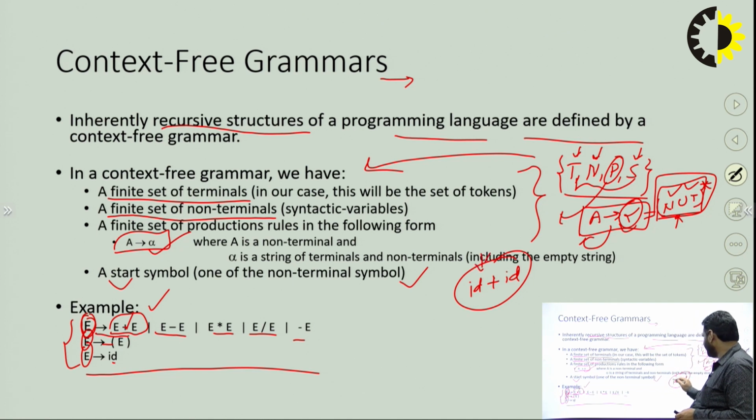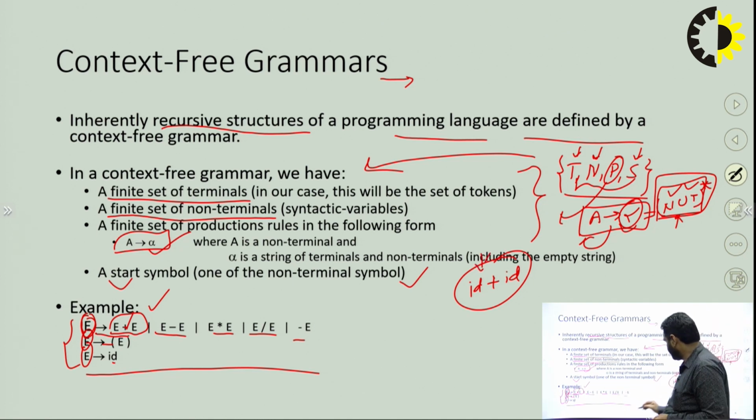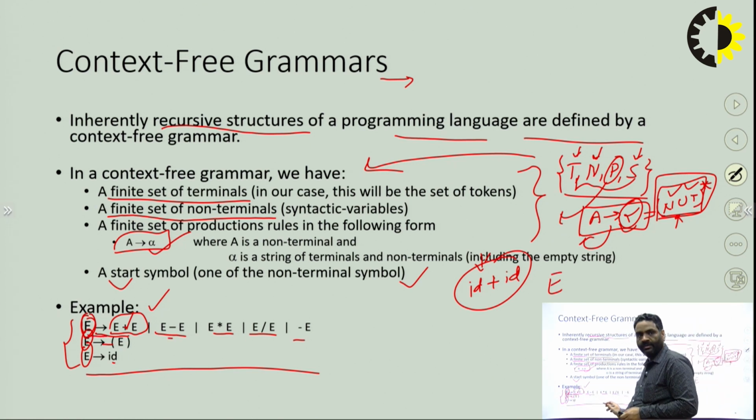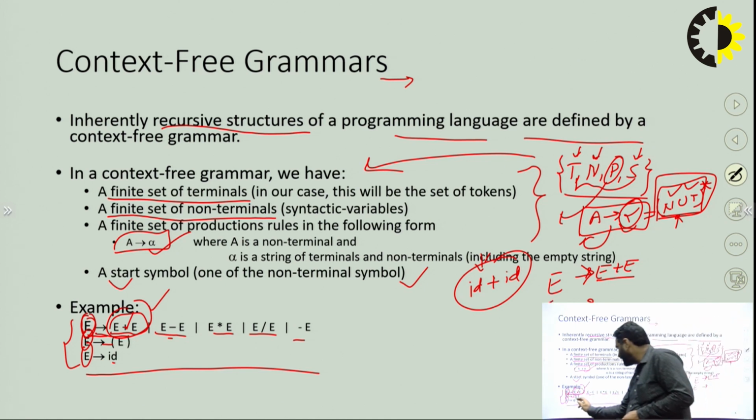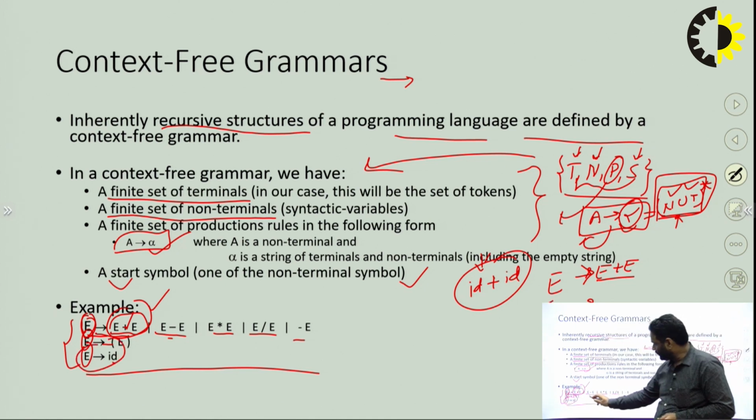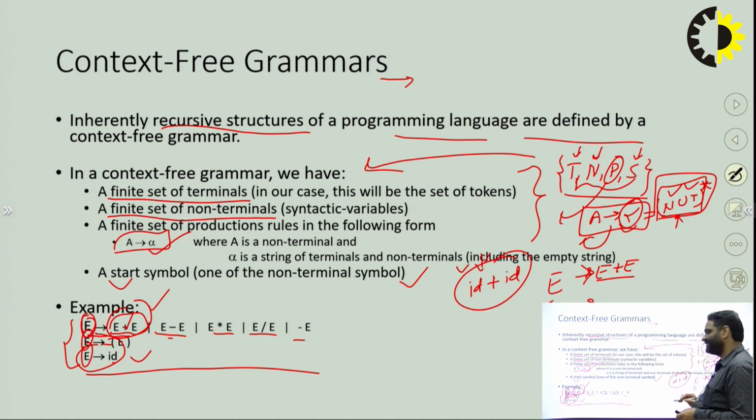So we can generate this string starting with E. Then we can see there are a number of production rules. We have taken this production rule, that is E plus E. After that, there are two non-terminals that can be replaced. So we are using ID. Why are we using this production rule? As the first symbol is ID, so we must change this non-terminal into ID.